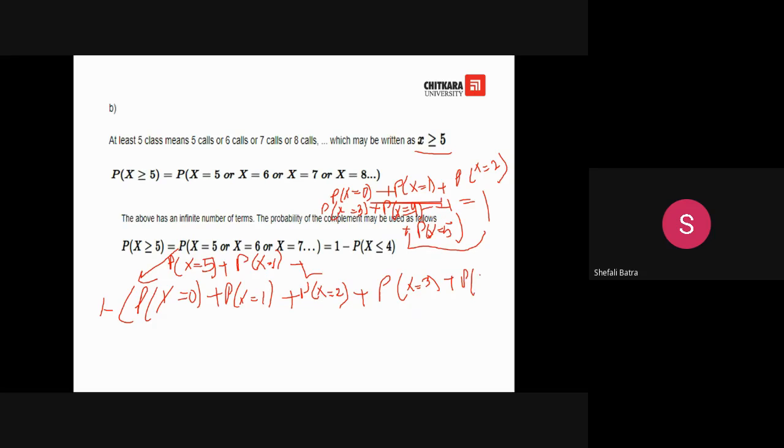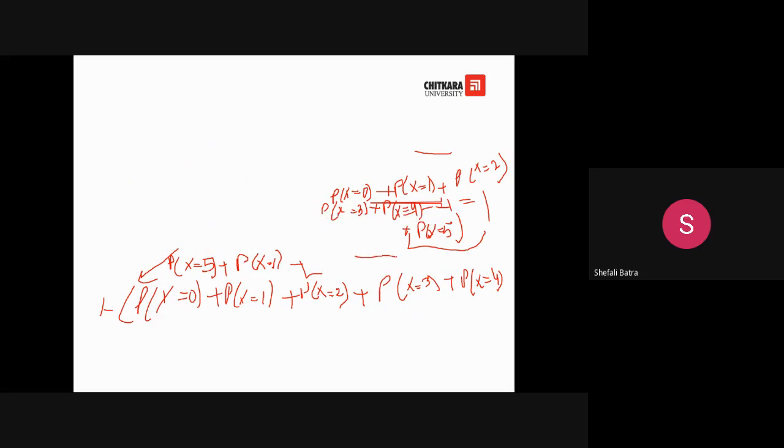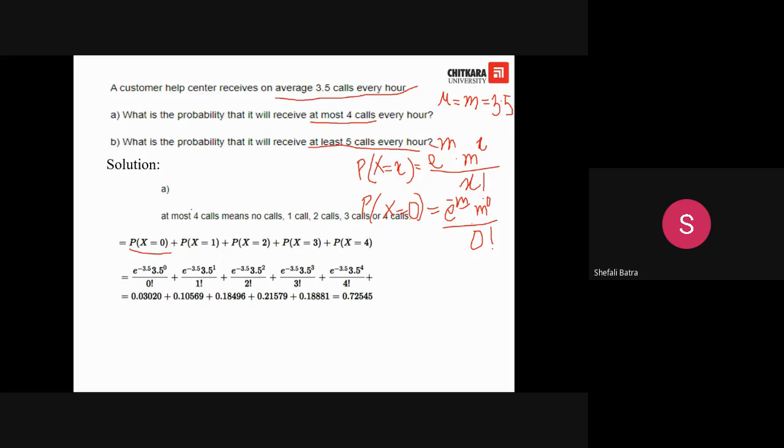And this you have calculated already. This is the probability of x less than or equal to 4, and you calculated this in your previous question, right? At most 4 calls means 0 plus 1 plus 2 plus 3 plus 4.